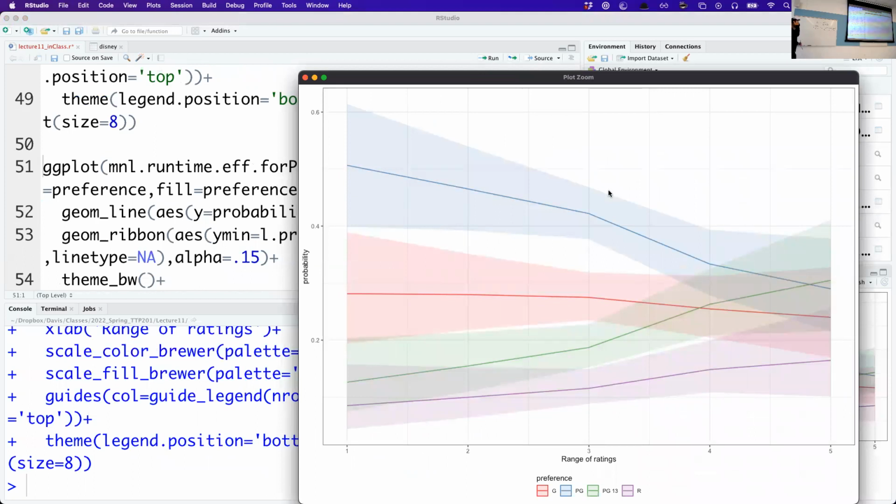Okay. So who can help me interpret this plot? Anyone?